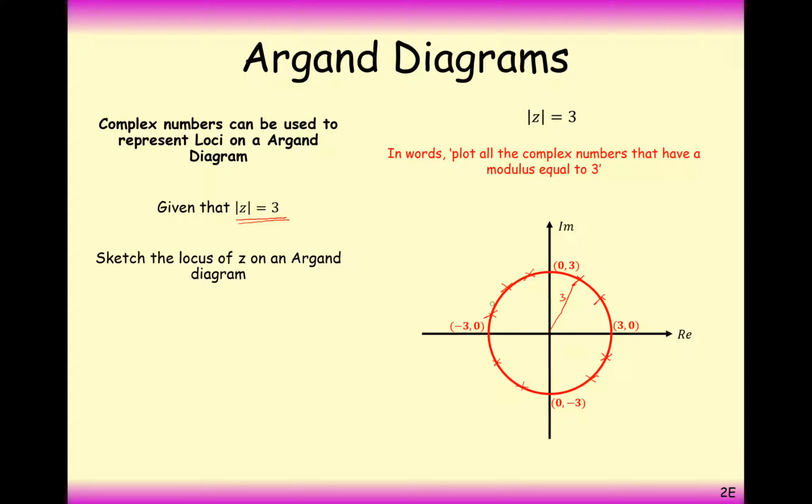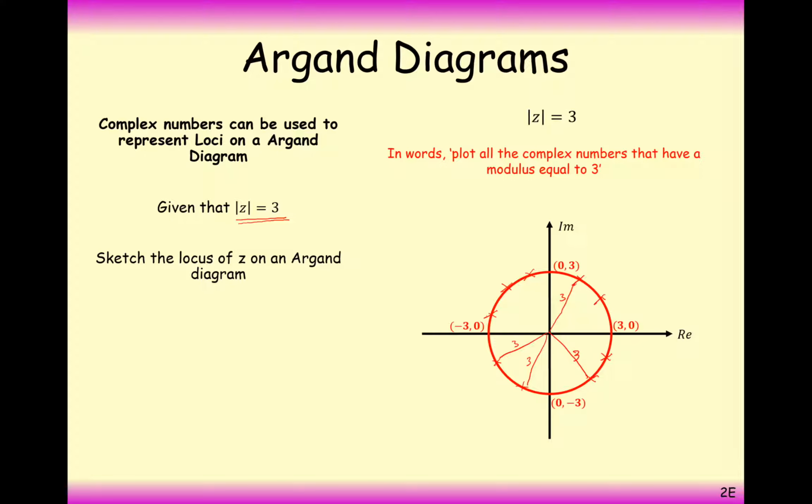Each one of these complex numbers that surround this circle all have a modulus 3, or in other words, they all have a distance of 3 from the centre. So that's what we mean by sketch the locus of z, where the modulus of z is equal to 3.